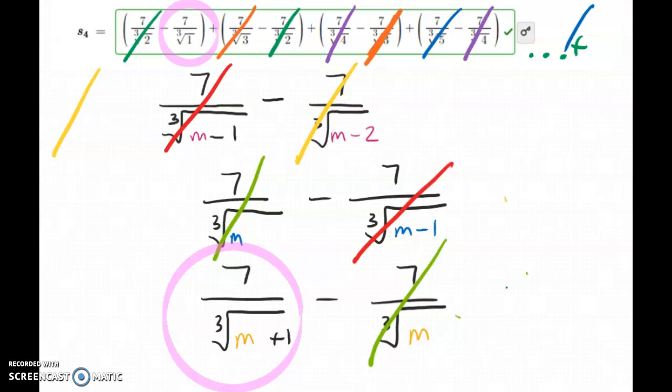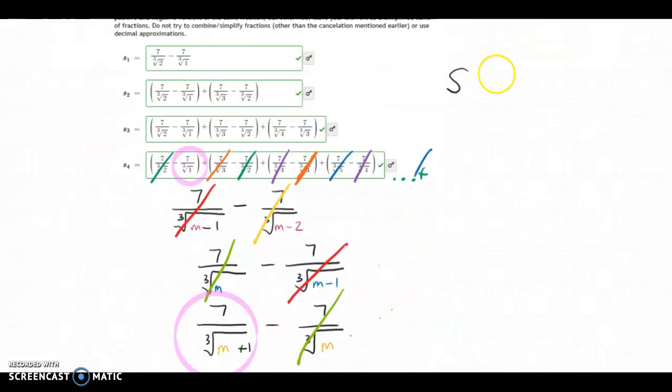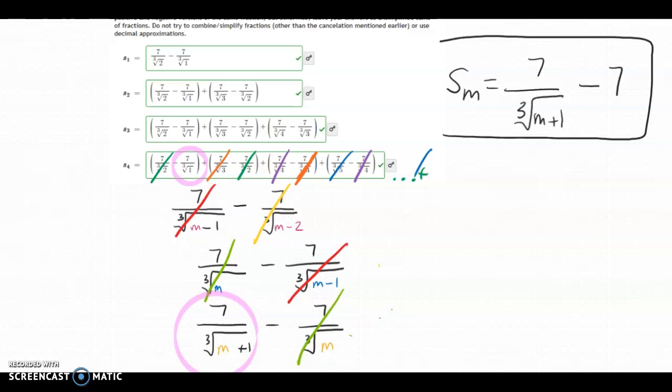Let me give myself some more paper. So S sub m would equal 7 over the cubic root of m plus 1, minus 7, because 7 over the cubic root of 1 is just 7 over 1, which is 7.